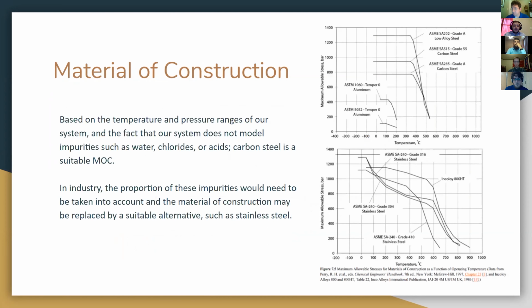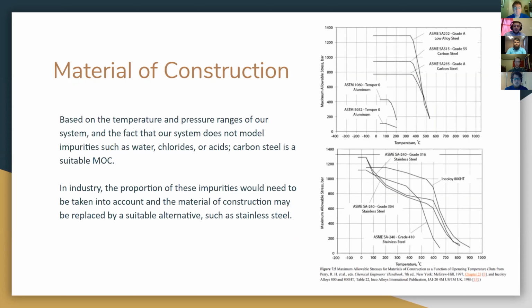So when we were looking at the material of construction for our system, at the temperature and pressure ranges that we were operating at, it was well within the realm for carbon steel being fine. The situation where you wouldn't want to use carbon steel involves waters, chlorides, and acids at those temperatures and pressures, but our model doesn't account for that.